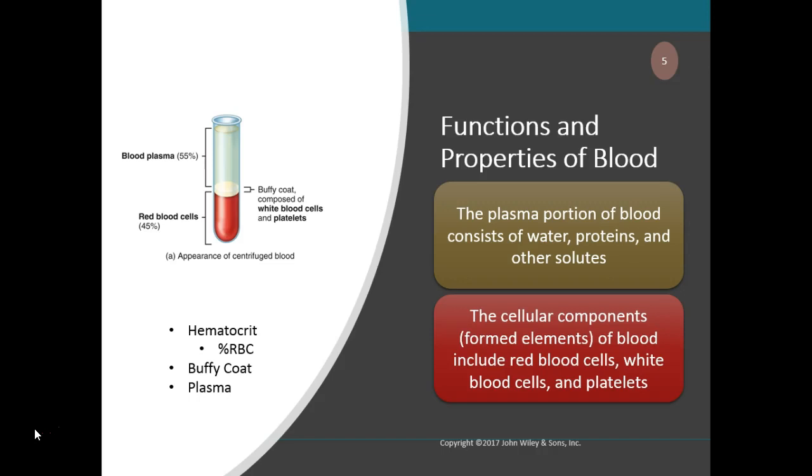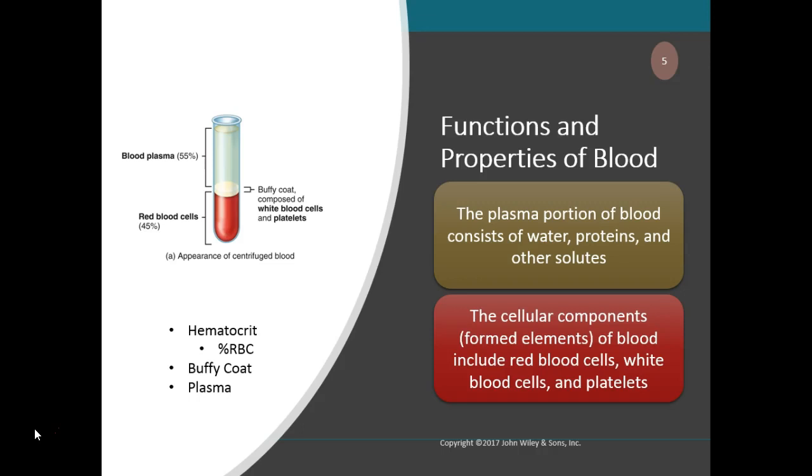When the formed elements are removed from the blood, you're left with a yellowy straw-colored liquid called plasma. The plasma is about 91-92% water, and the rest is made up of solutes, most of which are proteins, which include albumins, which are very small proteins that help to maintain osmotic pressure of the blood. There are globulins and fibrinogens.